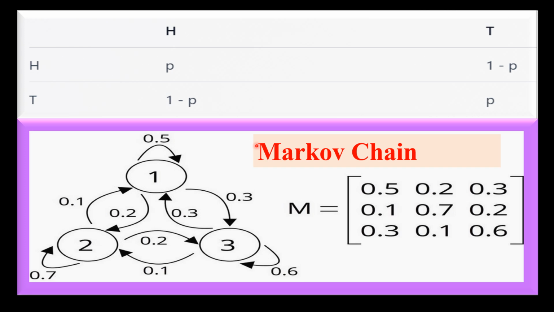And in our coin toss example, the transition matrix would look like this. So here this matrix shows the probability of transitioning from one state to another. For instance, if the coin lands on heads, there is a probability of P that the next toss will also result in heads, and the probability of 1 minus P that the next toss will result in tails.